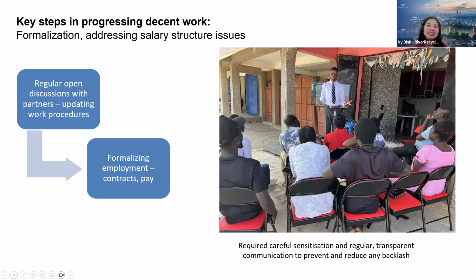Because formalization, we always thought, oh, it's a good thing. But then we realized why they were so against it: the tax payment and the social contribution need to be deducted from their pay. So formalization to our workers at the time just meant less take-home income. Hence there was resistance from them.